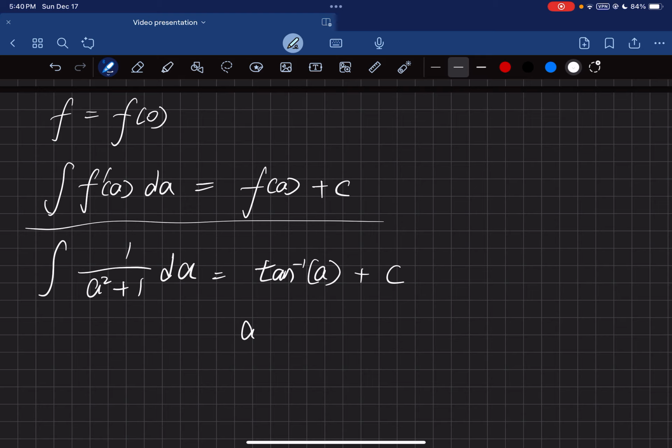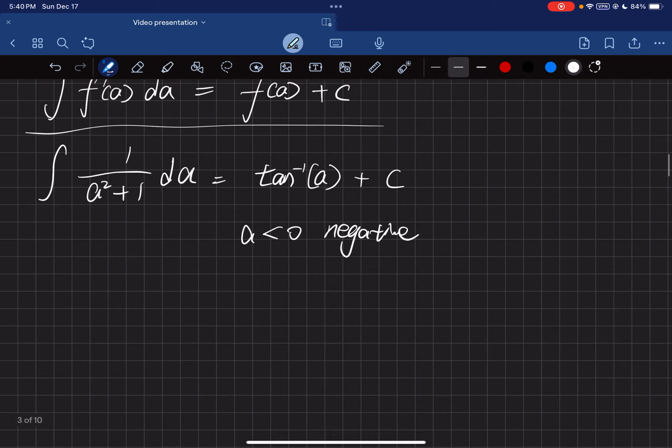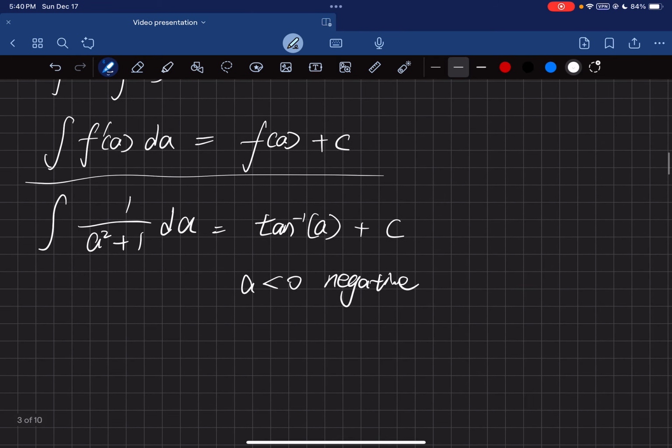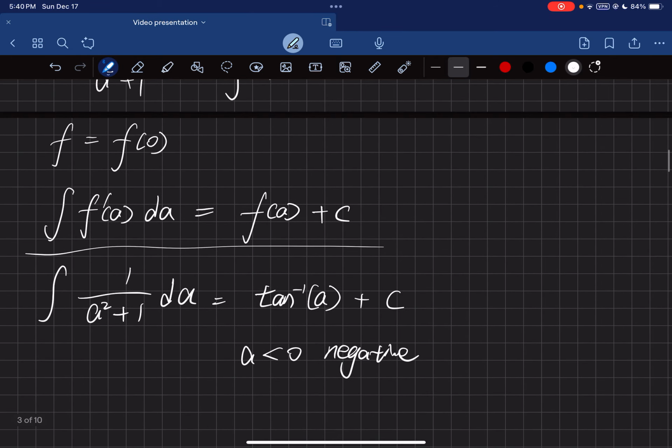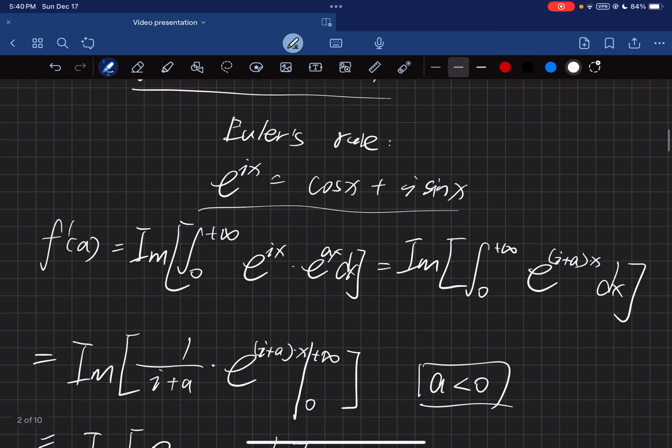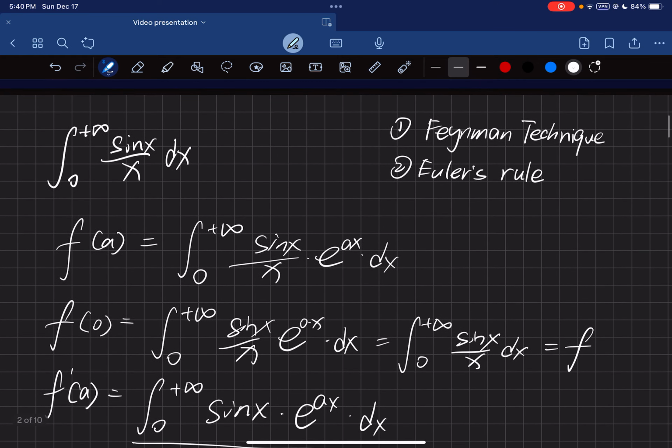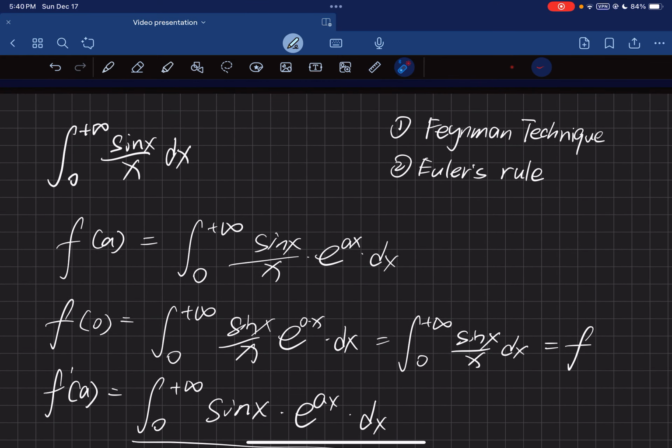As a is negative, we can look at the former function f(a). When a approaches negative infinity, this one will be 0.